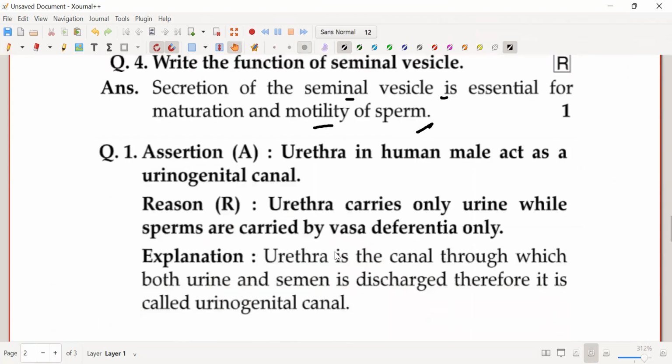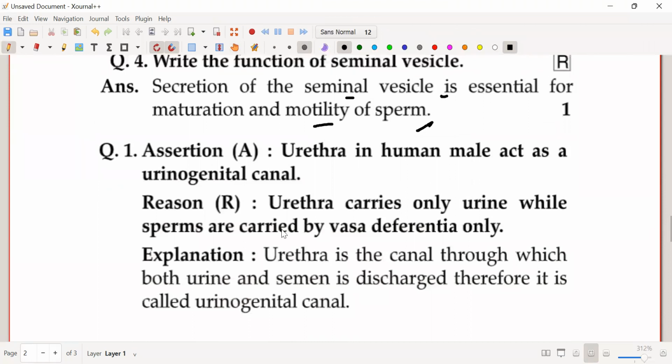Then the assertion type questions. Assertion: urethra in human male acts as a urinogenital canal. Reason: urethra carries only urine while sperms are carried by vas deferens only.